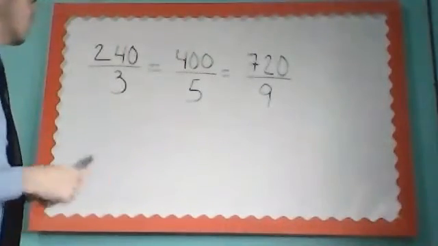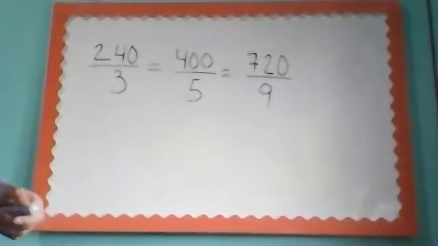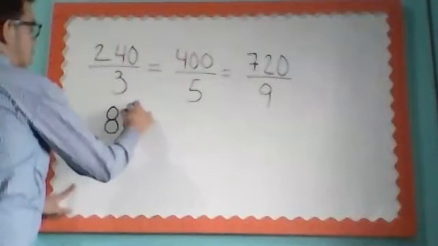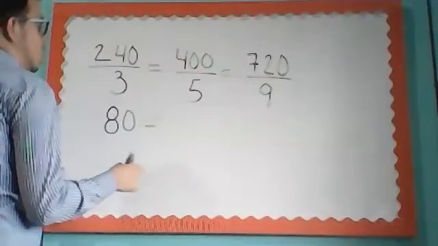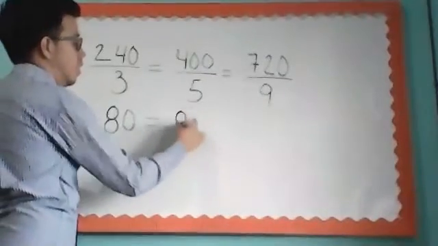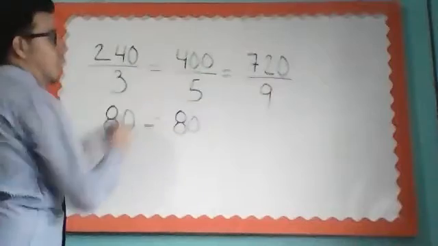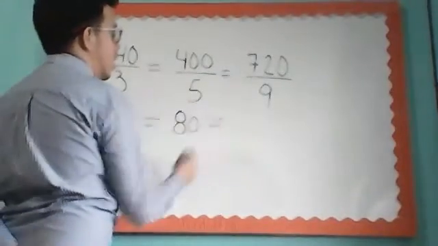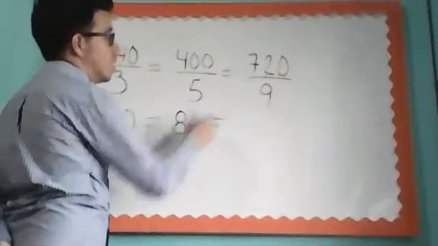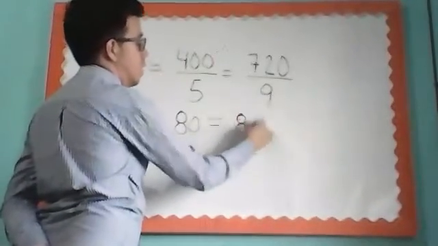Okay, we can divide in here. This is 80. If you divide again 400 by 5 is 80, because 5 times 0 is 0 and 5 times 8 is 40, equal. You multiply 9 times 0 is 0 and 9 times 8 is 72. So the simplification of this is 80.